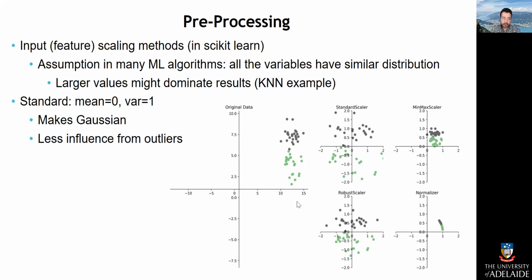There are a few different functions in scikit-learn that you can use to standardize your data. Again, it depends on your task, your data, and the machine learning algorithm that you're going to use. But most of the time, standardization is the best idea and a requirement.